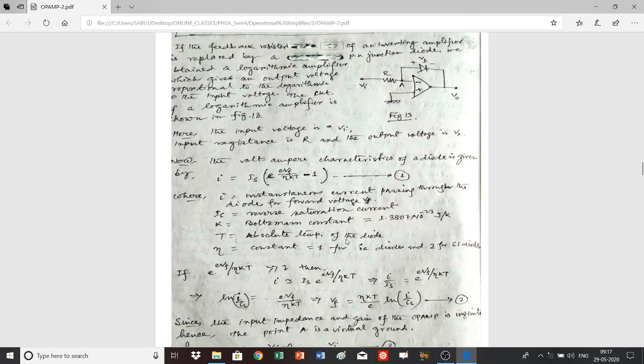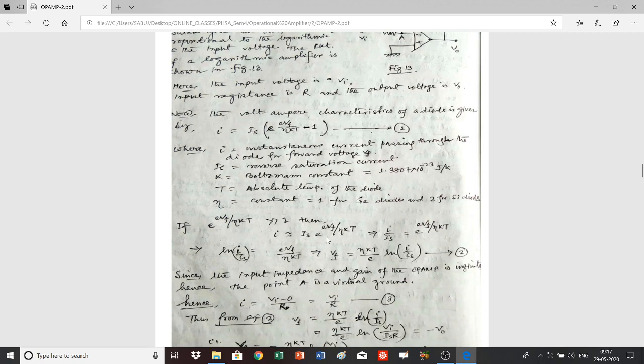Now notice here that this Vf is nothing but the output voltage, and you can understand from this figure easily that Vf is nothing but V0.